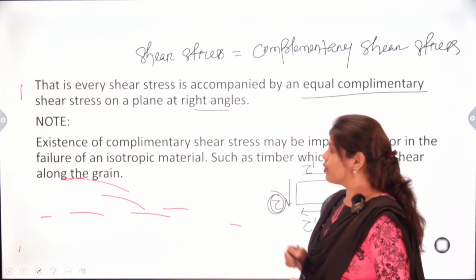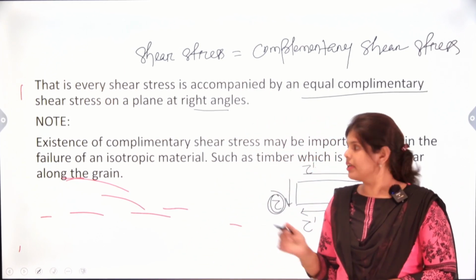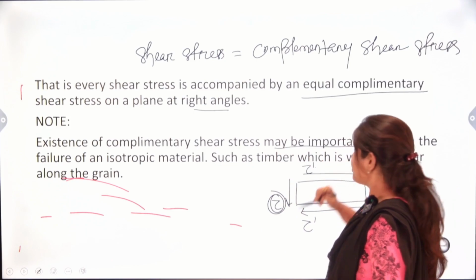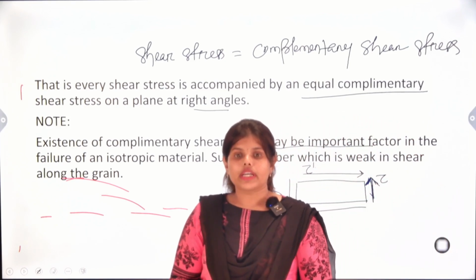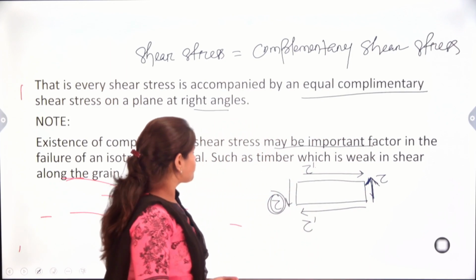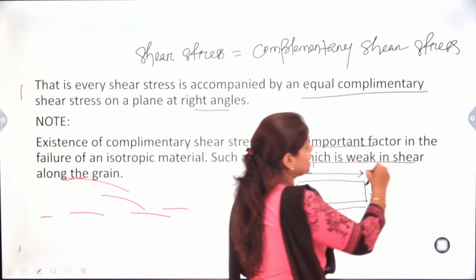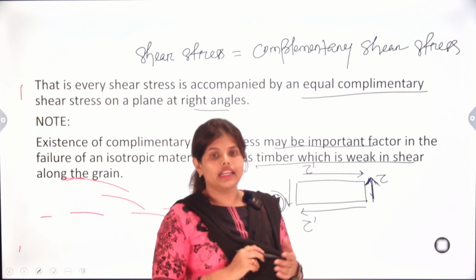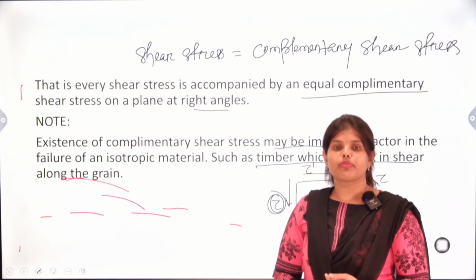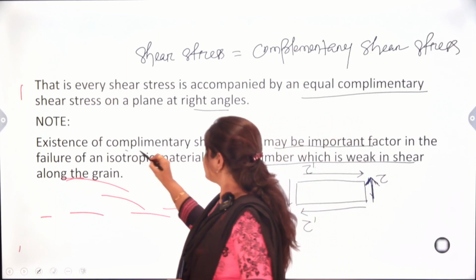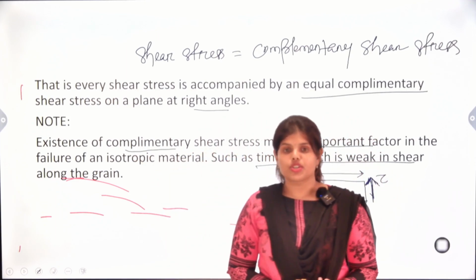For note, the existence of complementary shear stress may be an important factor during failure of an isotropic material, such as timber, which is weak in shear along the grain. In case of failure of isotropic material, we will need complementary shear stress.